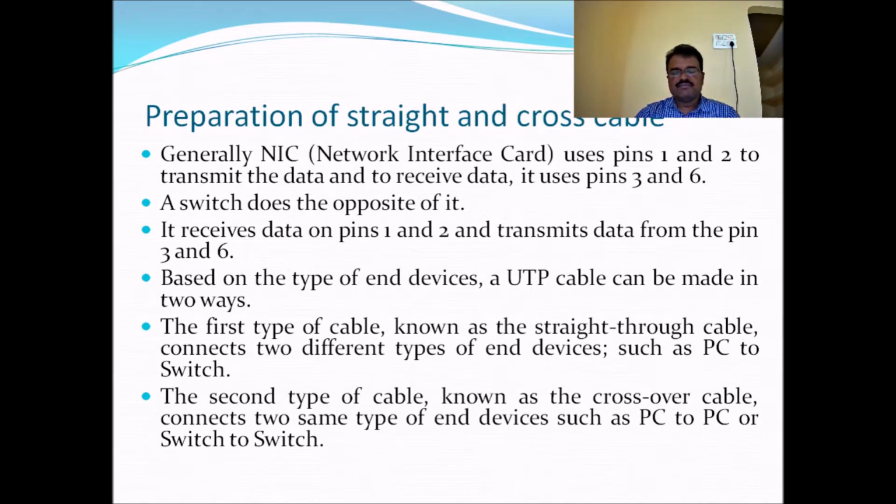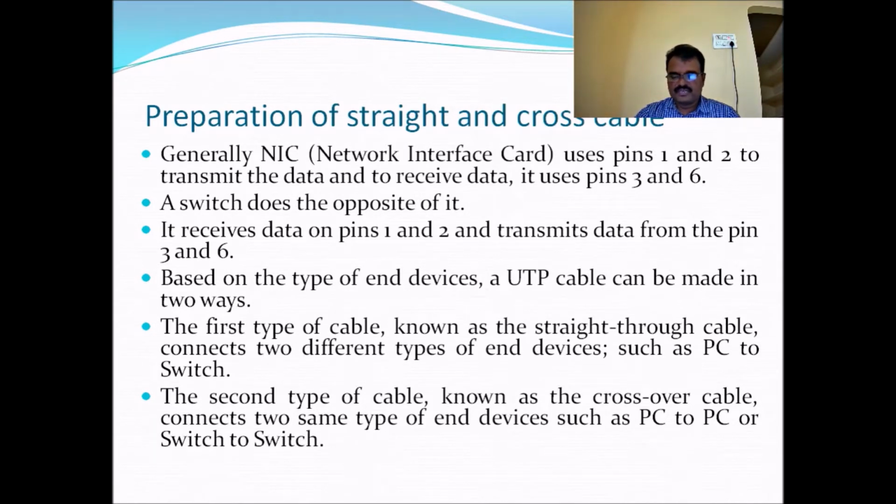And we can transmit the data between switches also. We can transmit the data between two computers also. That is why in a network, if our transmission is between two similar devices, then we use a crossover cable.